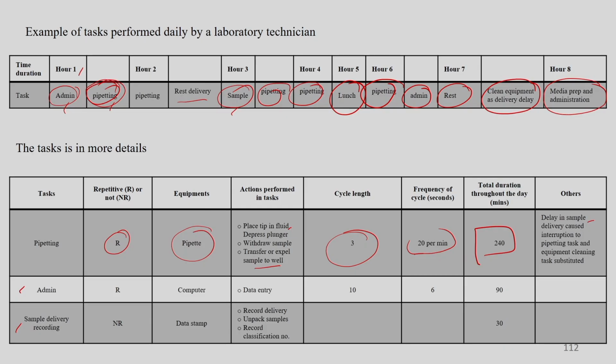You are not going to select the admin job or the sample collection job; you are going to select only the pipetting job, because that is going to take a lot of time, it has repetition, and it has small tasks involved in it. So you have selected one particular task.